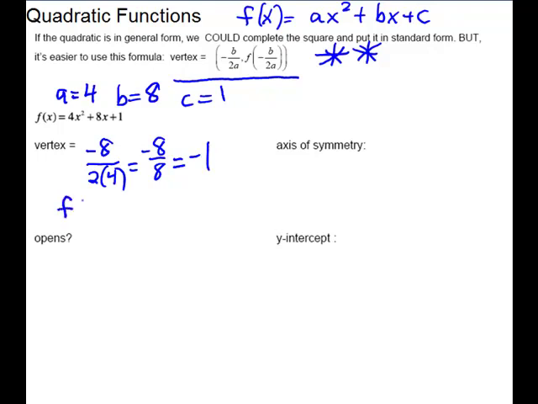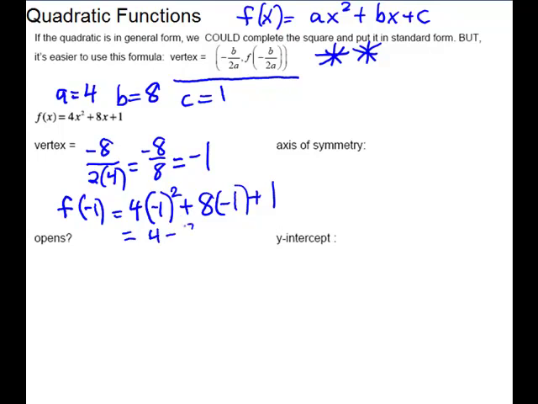So we do f of -1. So we have -1 squared will be 1 times 4 will give us 4 minus 8 plus 1.